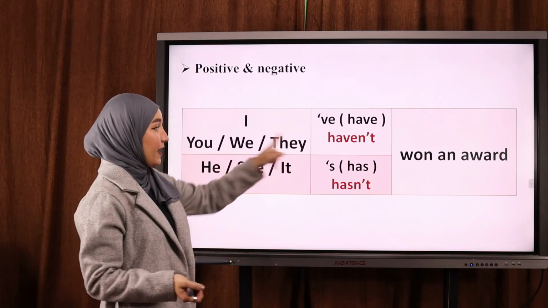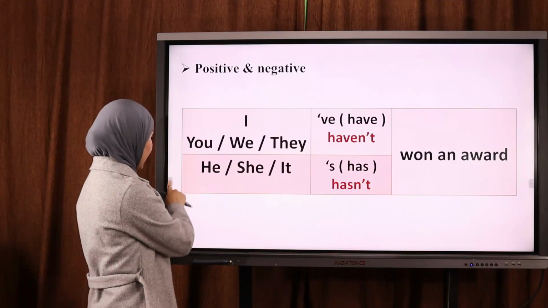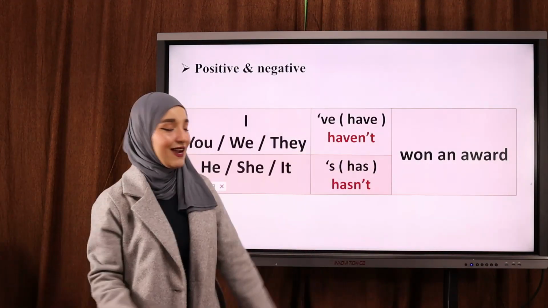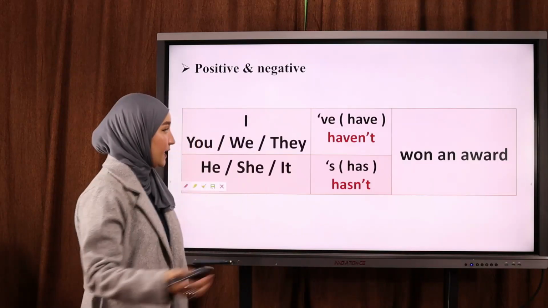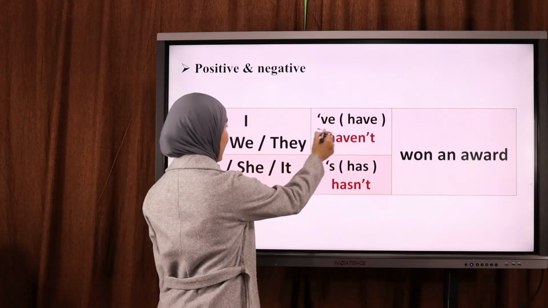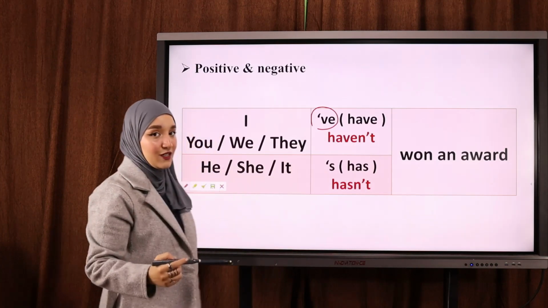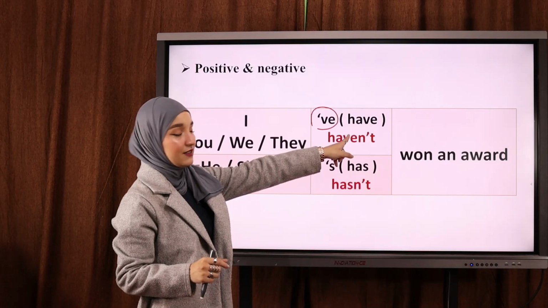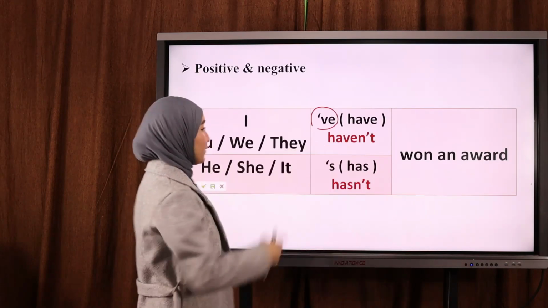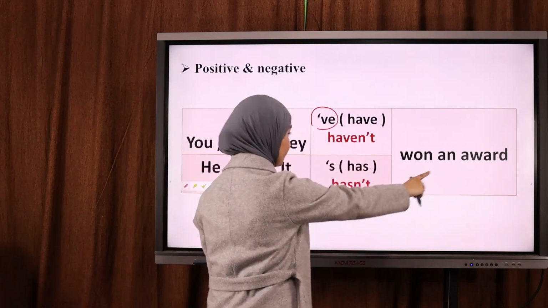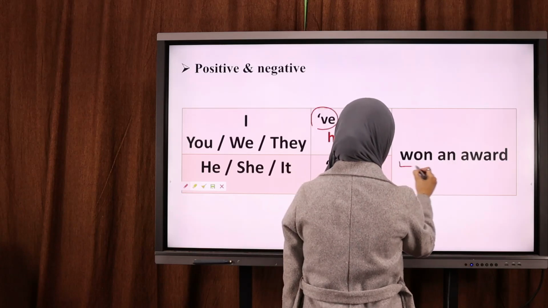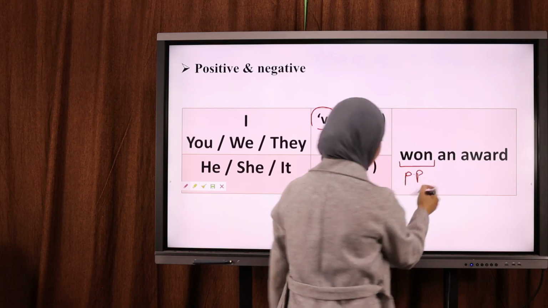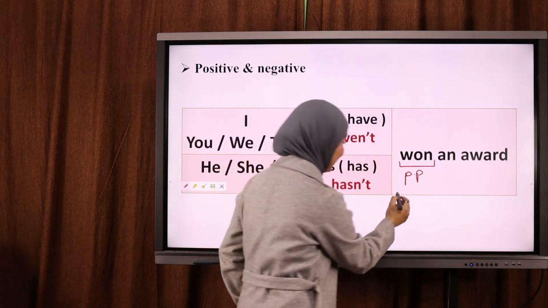Okay? So, I have, and I have the example here. I have won an award. ربحت جائزة. I have won an award. Okay? The contraction الصيغة المبسطة I've which is short هي صيغة مبسطة للصيغة المفصلة have. Okay? So I've won an award. And I have my verb here. This is win in the past participle. PP is the past participle, okay?